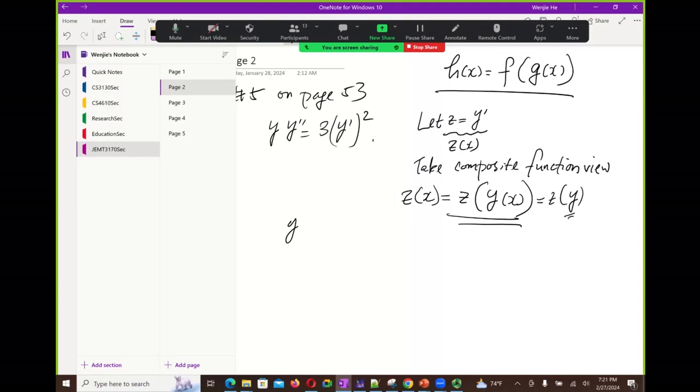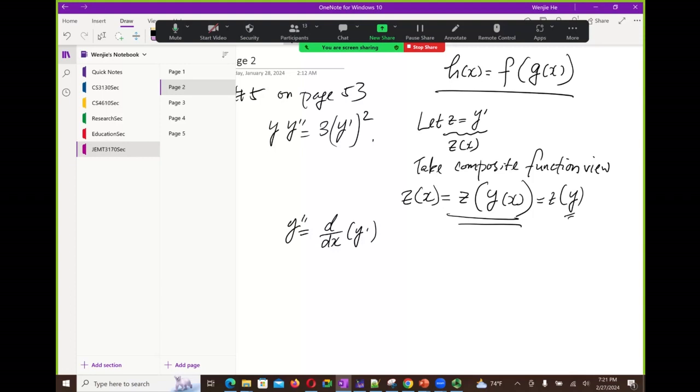What is y double prime? Y double prime is d over dx of y prime, the derivative of y prime with respect to variable x.